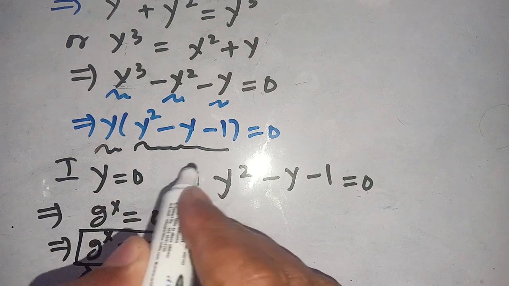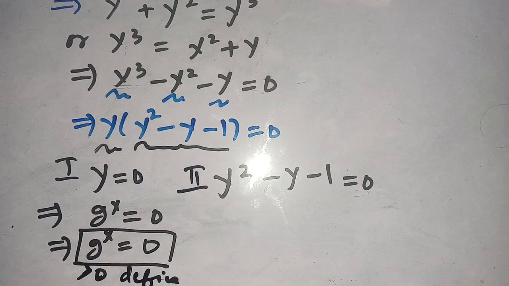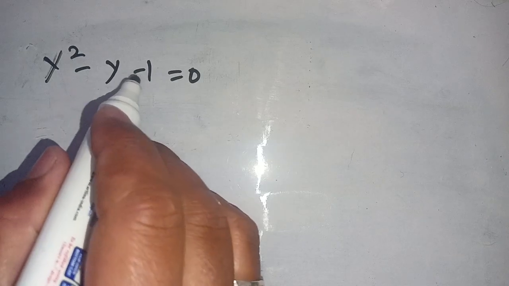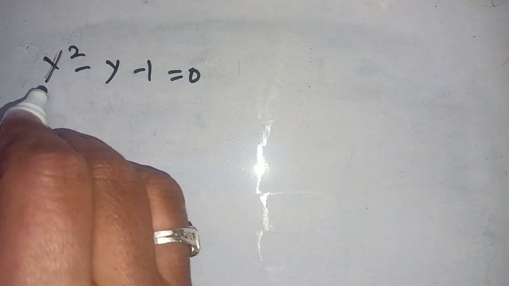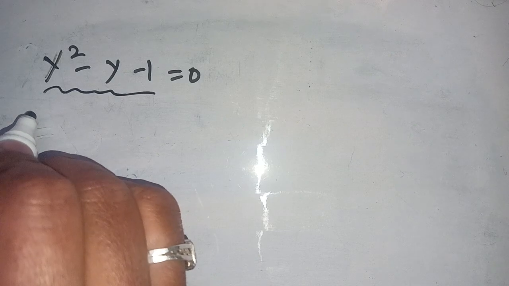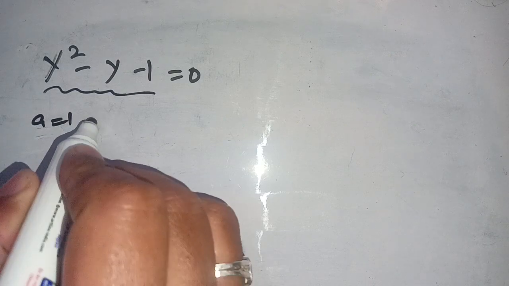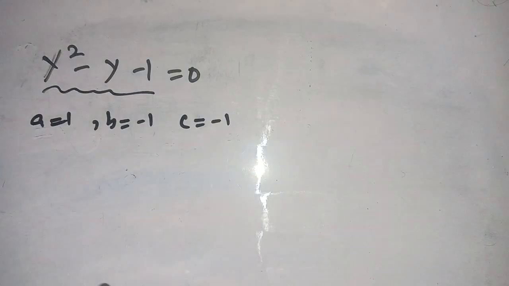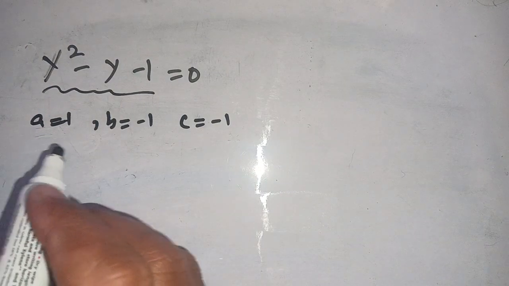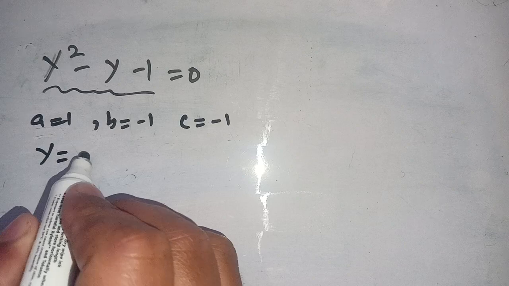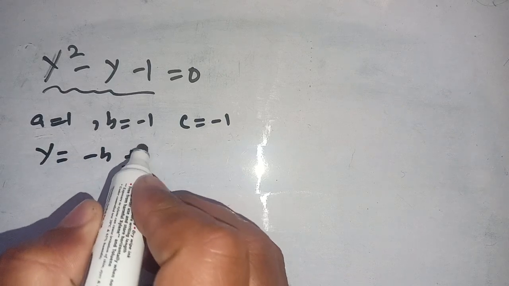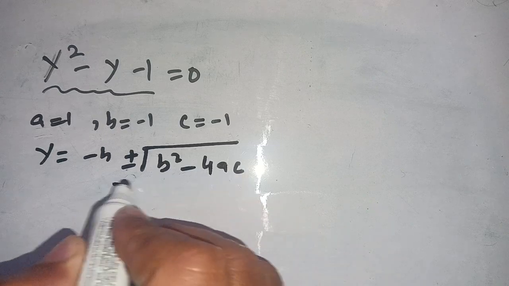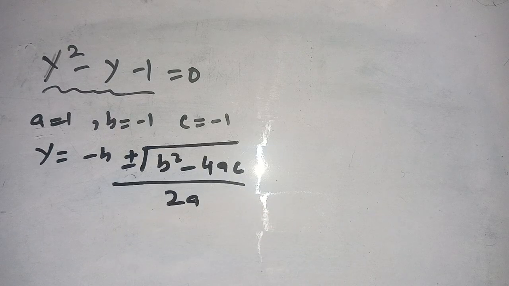Now in the second case we have to solve y^2 - y - 1 = 0. It is a quadratic equation. Here a = 1, b = -1 and c = -1. We know that y = (-b ± √(b^2 - 4ac)) / 2a.